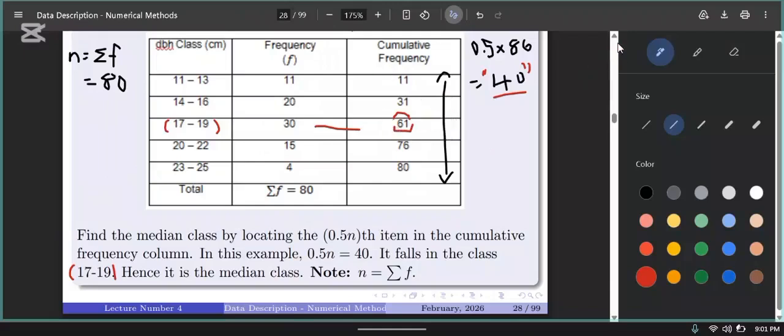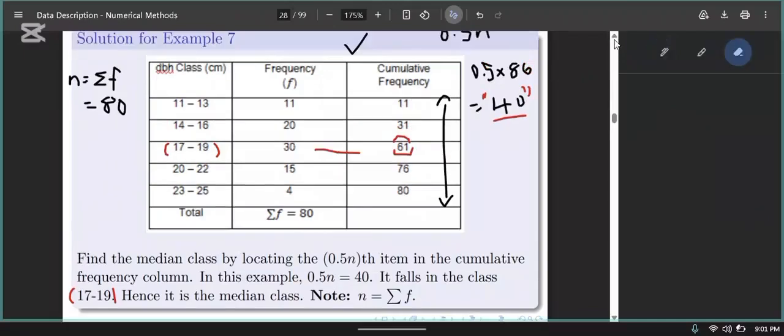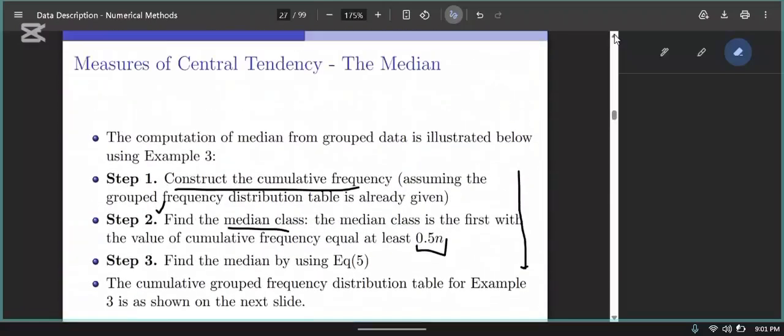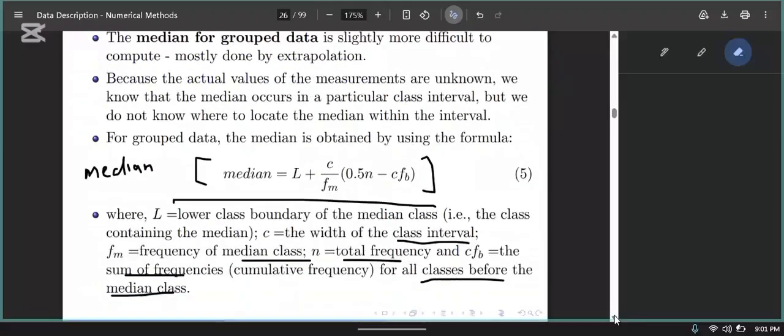Okay, so for this one, let me just repeat. We are still on median, but for grouped data. So this is the formula.